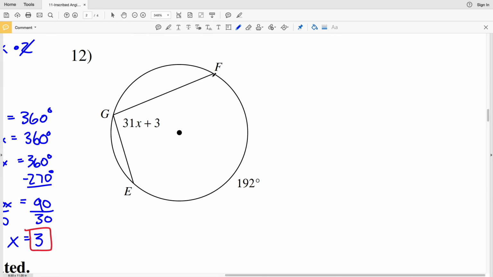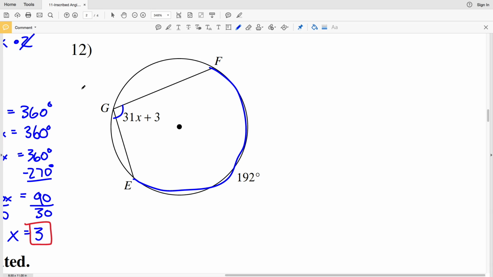In number 12, my inscribed angle is FGE, and that intercepted arc is FE. So that inscribed angle, 31x plus 3, is equal to half the measurement of our arc, which is 192 degrees.